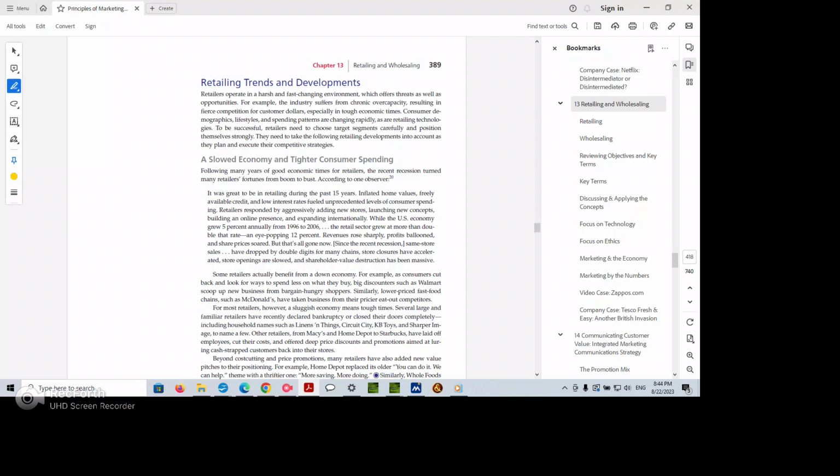Remember SWOT analysis: strengths, weaknesses, opportunities, threats. Okay. In retail, we've got threats and opportunities. Remember, your threats is your competition. Opportunities is what the market offers you, things that you can do, and things that you can benefit from, as in value created for the company.